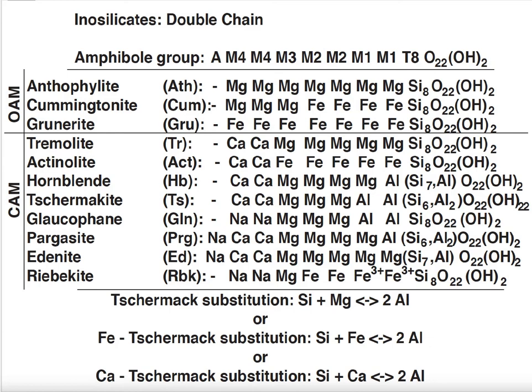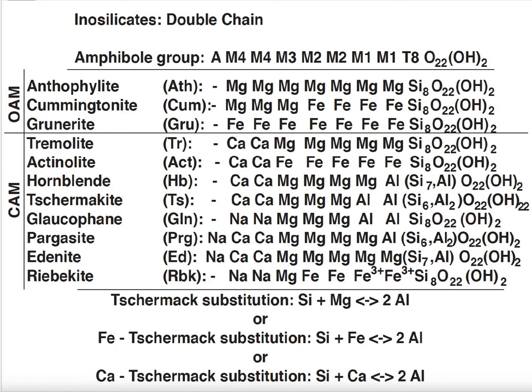So we are starting now with the structure, yeah? So the amphiboles, they have an A place at the front, and this A place must not always be occupied, yeah? It is actually only occupied in a few amphibole end members.